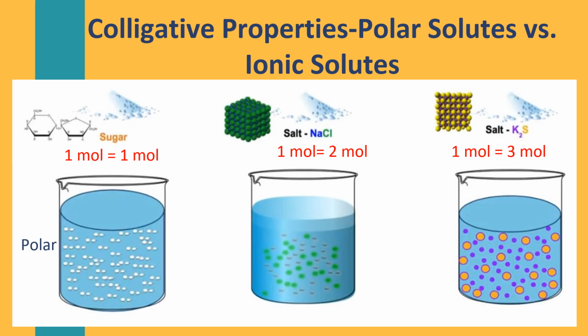It's going to dissolve and dissociate, and what ends up happening is it produces 2 moles of dissolved particles. Whereas over here, if I have 1 mole of sugar and I dissolve it in this water, I still end up with 1 mole of dissolved particles.